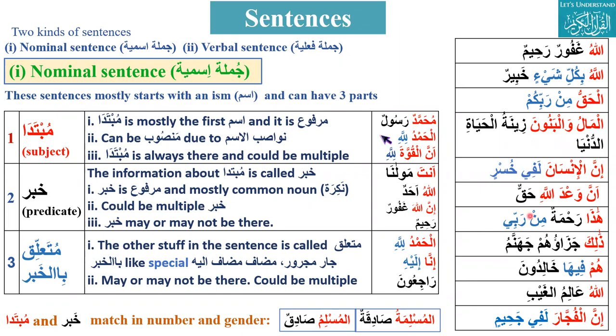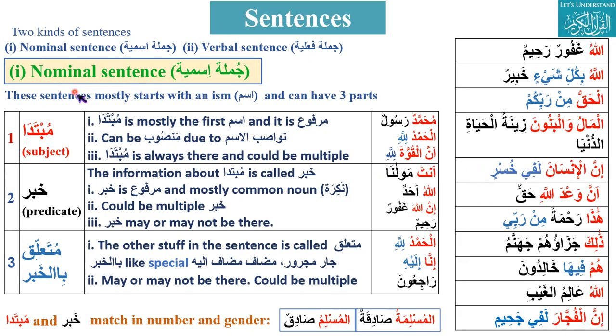Okay. Thank you. So I see Ibrahim. Is it Ibrahim Farhan? Assalamu alaikum. Ibrahim, welcome back. So we are discussing nominal sentence today. If I ask you, a nominal sentence can have how many parts? Three parts.